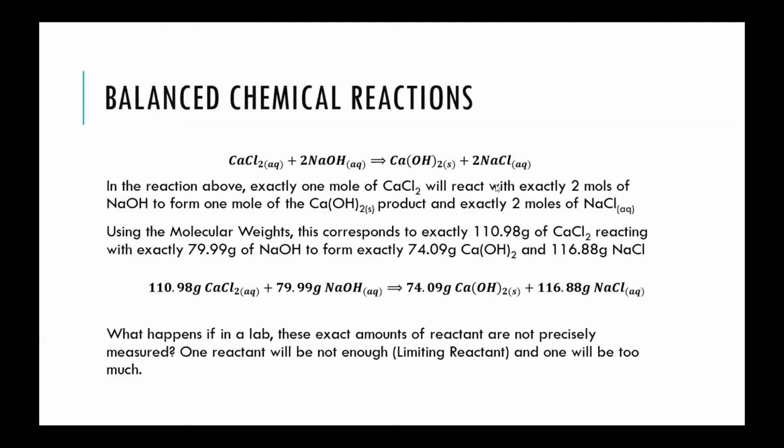How that would look in terms of the actual mass is if exactly 110.98 grams of calcium chloride reacts with 79.99 grams of sodium hydroxide, that will give the products of exactly 74.09 grams of calcium hydroxide and 116.88 grams of sodium chloride.